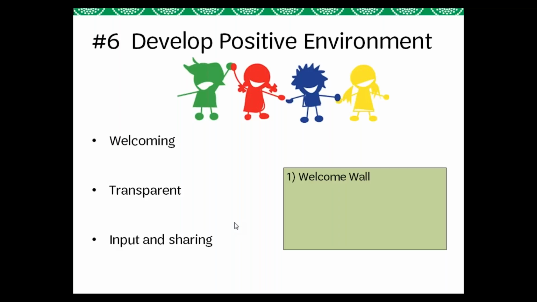And then you could invite all the families to post that on that wall or billboard. It gives us an idea of where they come from, how their family is comprised, and it's a sense of pride again for the girl, and it creates a sense of belonging. So you could do something like a welcome wall.